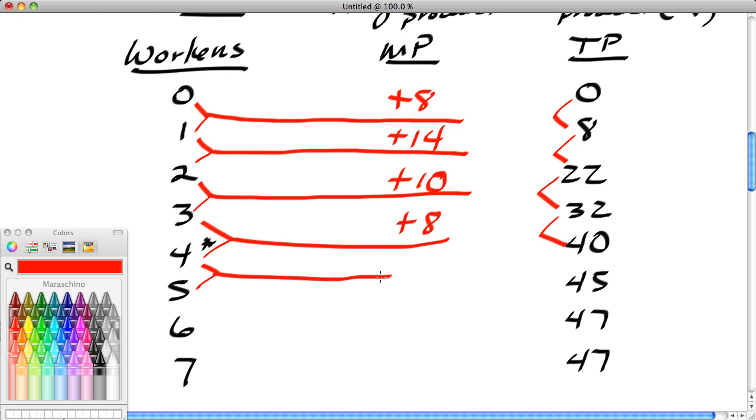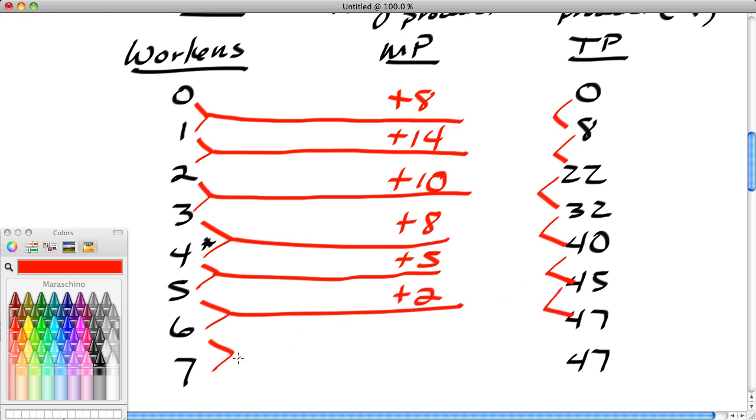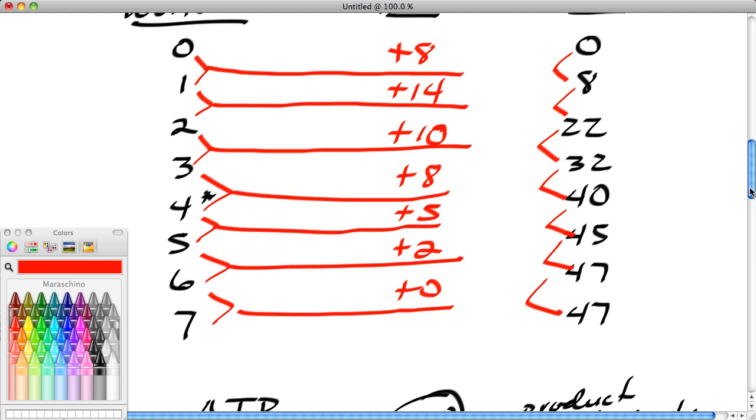Add the 5th worker, you add 5 units of output. Add the 6th worker, you add 2 units of output. You add the 7th worker, you don't add any units of output. But be careful. We're not saying that the 7th worker is a bum. We're not saying that the seventh worker is sleeping. We're not saying that the seventh worker is stoned.